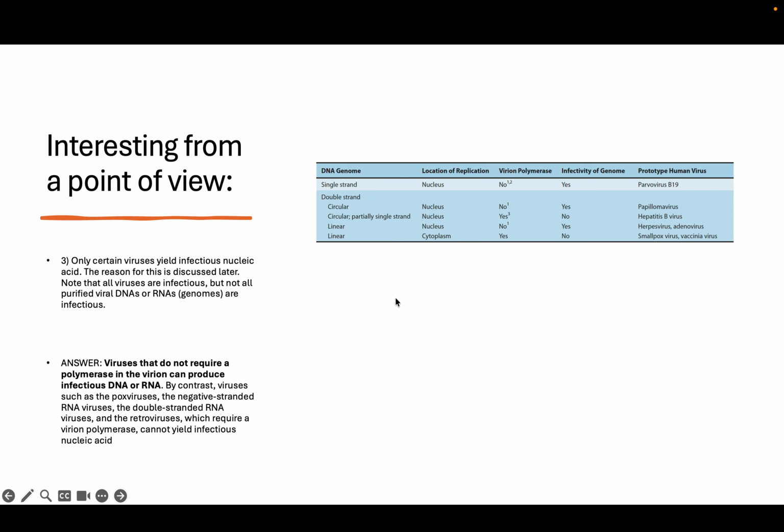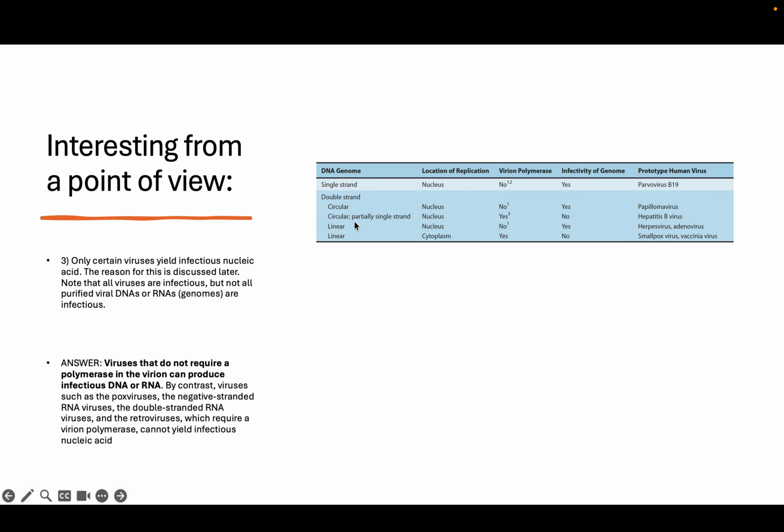So in the case of DNA viruses, we know that single-stranded DNA viruses can be infectious nucleic acids because the host cell has polymerases that can bind to the DNA and cause it to replicate.